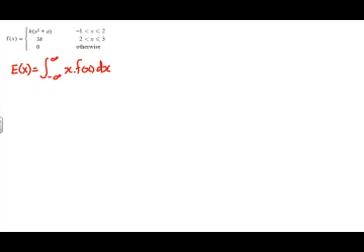Since there's two separate functions, once again, I'm going to do these two things separately. So first, I want to integrate. Let's take the k outside. x multiplied by x squared plus a in between 2 and -1.